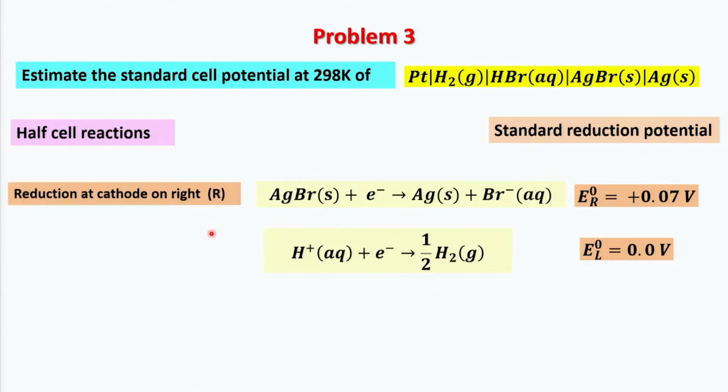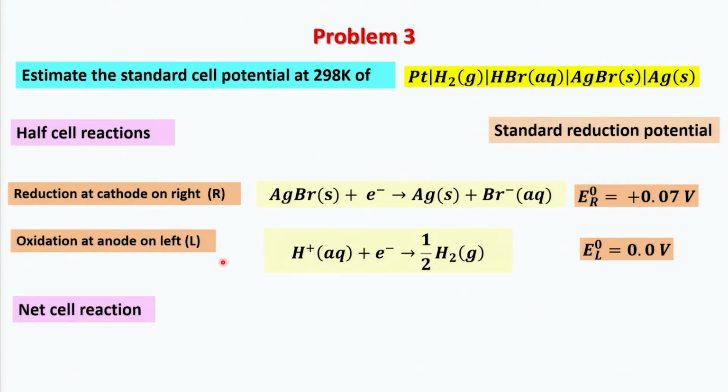Now I will use the notation that reduction is at the cathode and on the right, and oxidation is at the anode and on the left. To write down the net cell reaction, I will subtract the second equation from the first one.